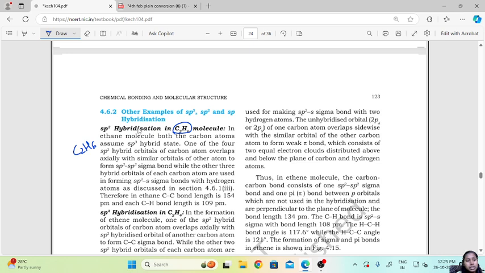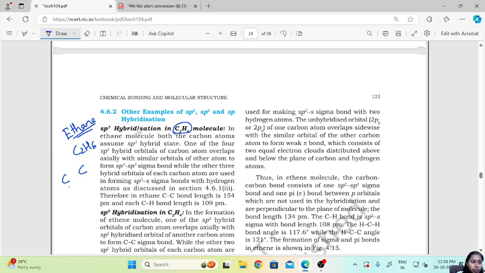Now C2H6 is ethane. So an example of sp3 hybridization is ethane. Now in the ethane molecule, both the carbon atoms assume sp3 hybrid state. Now we have 2 carbons, right? Both the carbons are said to have an sp3 hybrid state.